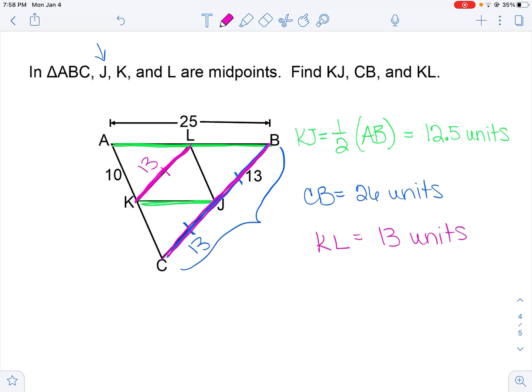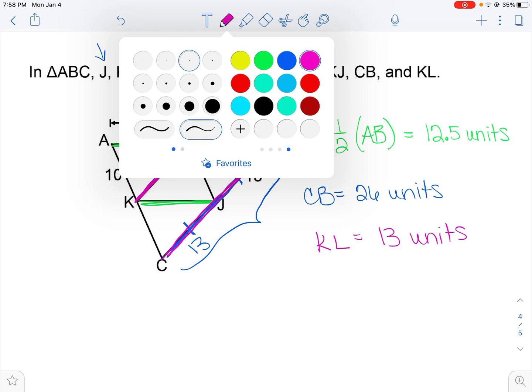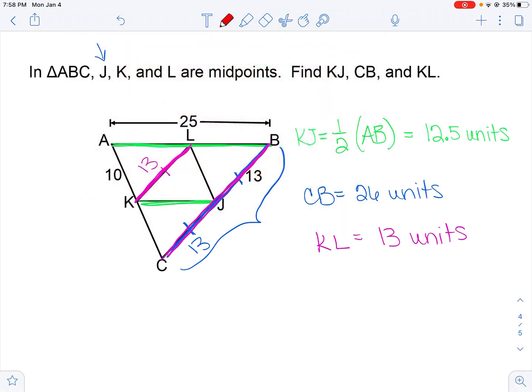I'm going to fill the rest of this out so you can see what's going on here. I would know that this is 12.5 and this is 12.5. What else is 12.5? KJ. I know that AK is 10, which means that CK is also 10.